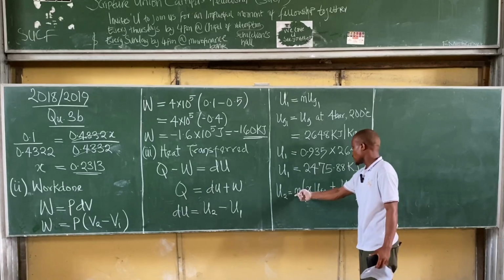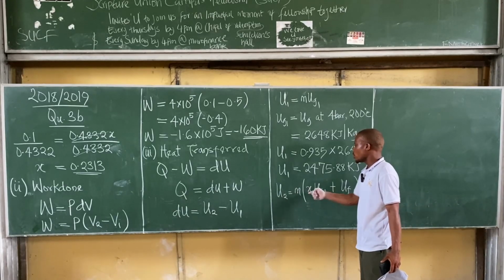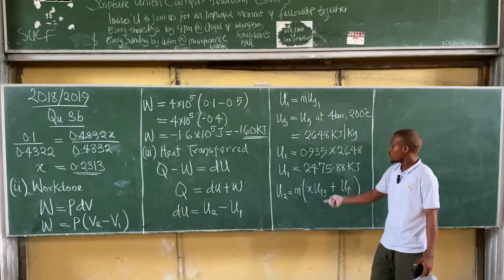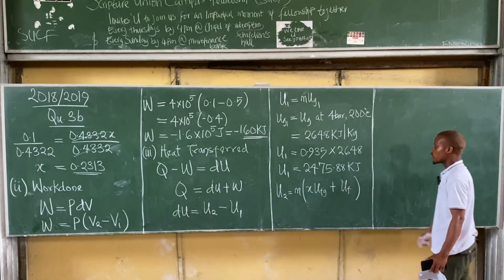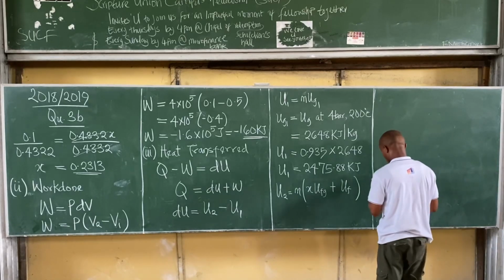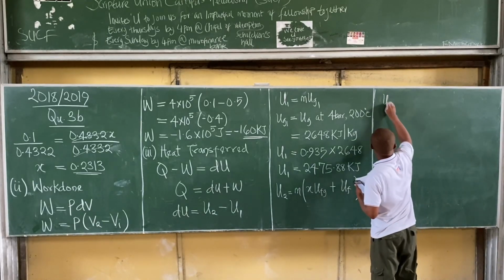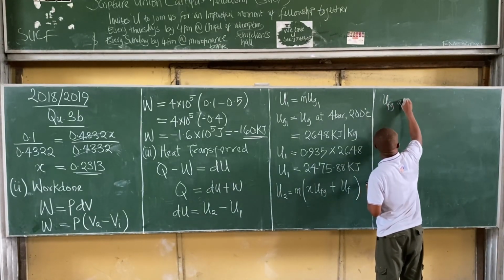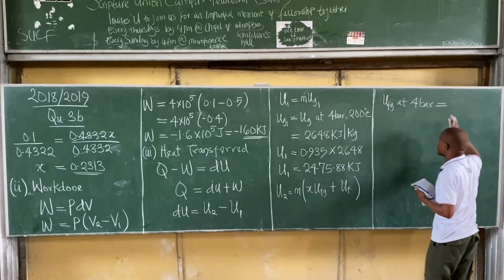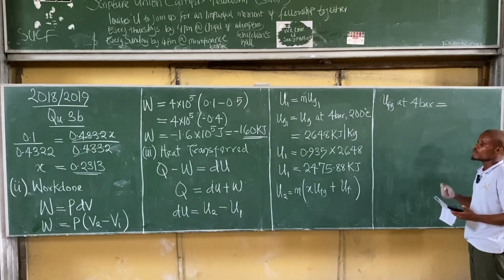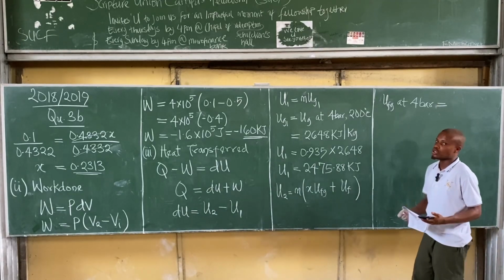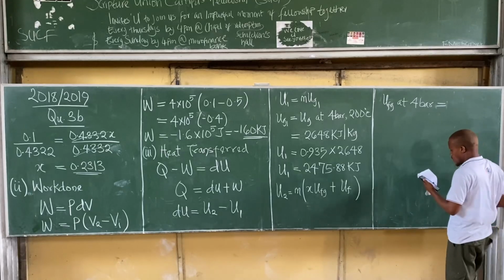We know our final quality or dryness fraction x. So what are we searching for? This and this. So let's check for UF at 4 bars and UFG at 4 bars using your saturated steam table. Saturated steam table, not superheated steam table, since our final condition is a saturated steam.